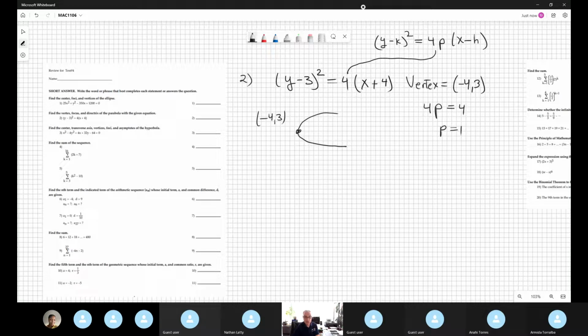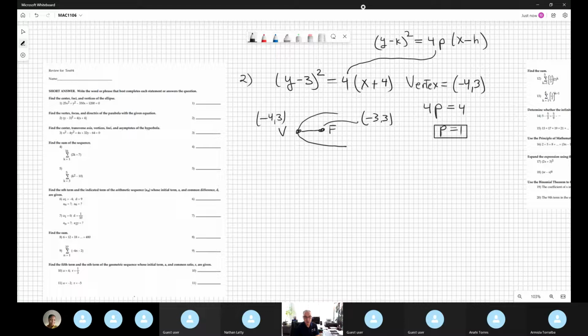The focus is p distance away. p is 1 in our example. So this is the vertex, this is the focus, distance 1 here. I suppose, using my common sense, that the focus is at the point (-3, 3), no? So you are moving horizontally.